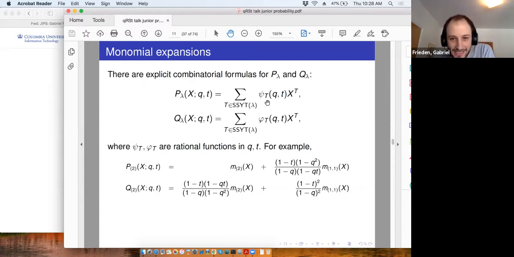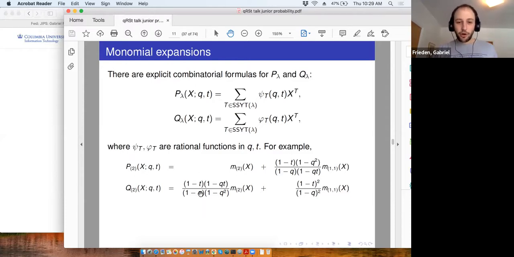So I'm not going to give a precise definition of these rational functions because it's a little bit involved and it's not so necessary for the talk. But I'll give an example here. If I take the Macdonald polynomials corresponding to the partition 2, the coefficients look like this.